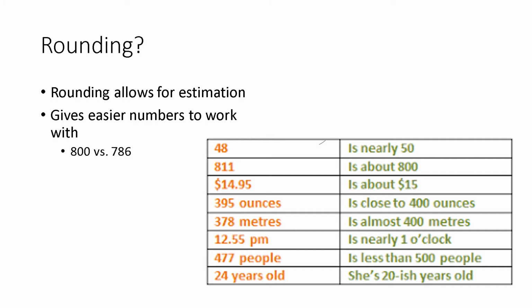I've got about 800 antique china teacups. I'm not really a hoarder. Please don't call the TV show. If you get $14.95 back in change from the supermarket, that's close to getting 15 bucks back in change. So we round all the time, like I said, without really considering that.